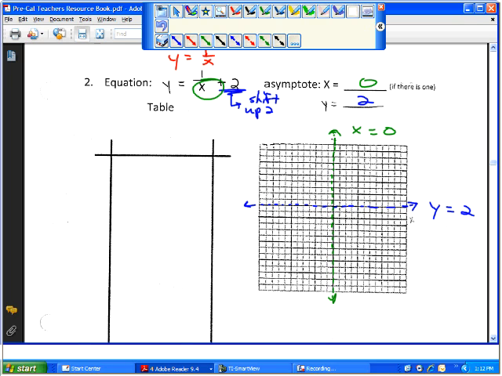All right, so to build a table, we start with x because it is the domain or the independent variable. We solve for y because it is the range or the dependent variable. What y is equal to goes in the middle, so in the middle we have 1 over x plus 2.